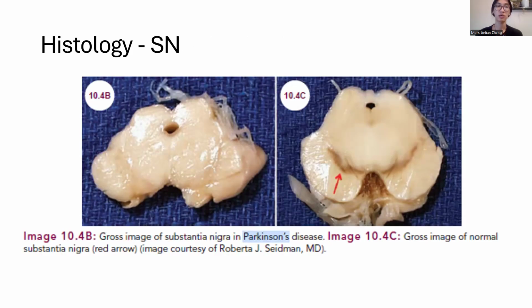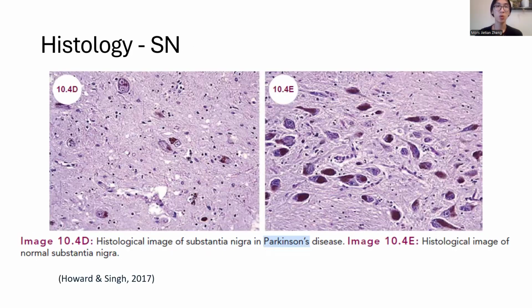Similarly here, on the left is from Parkinson's disease, while on the right are melanin-containing neurons that are intact in the normal age-matched group. The one on the left is the shrunken neuron in Parkinson's disease, while on the right-hand side is from the normal substantia nigra. You can see the neurons are much more intact and fuller in the picture.